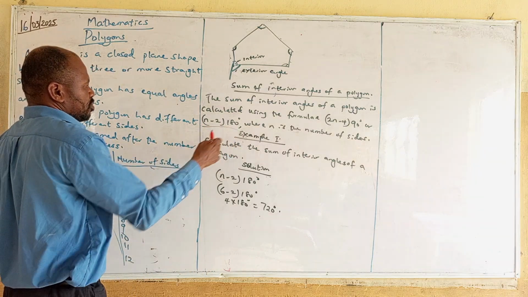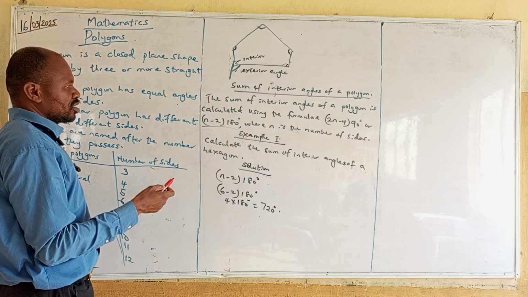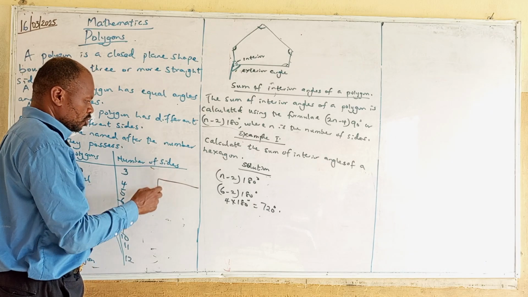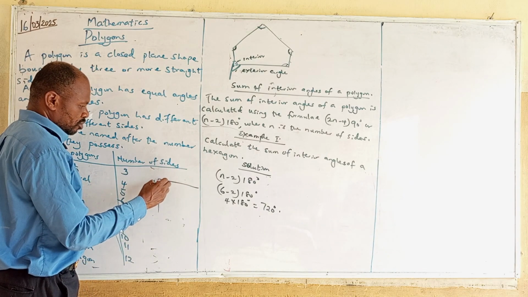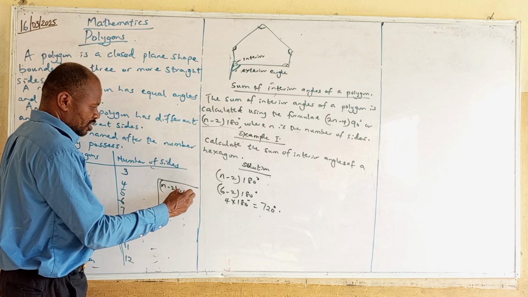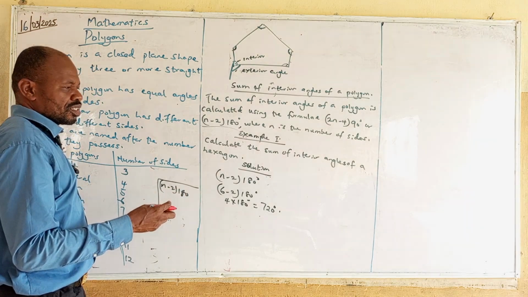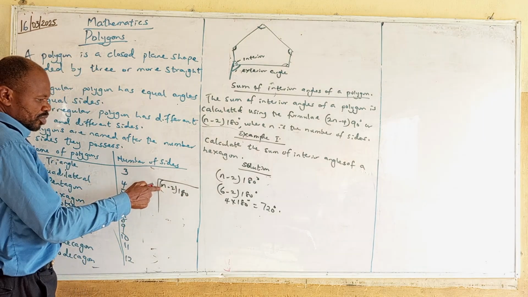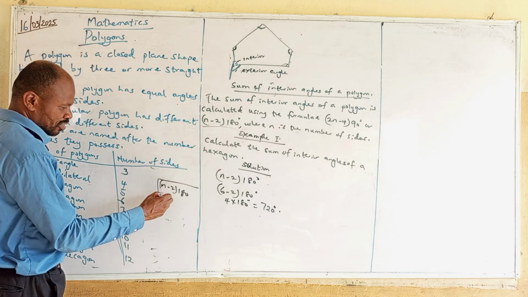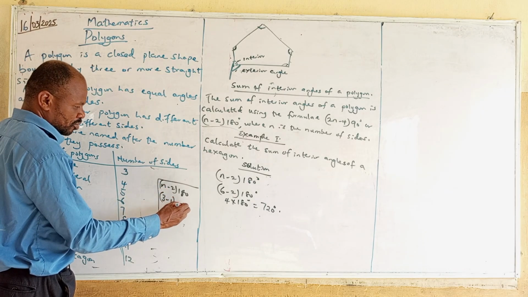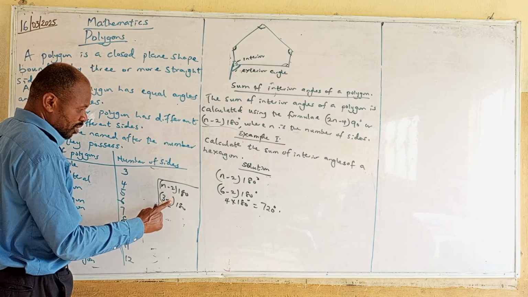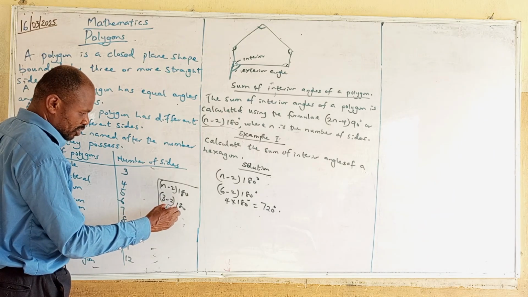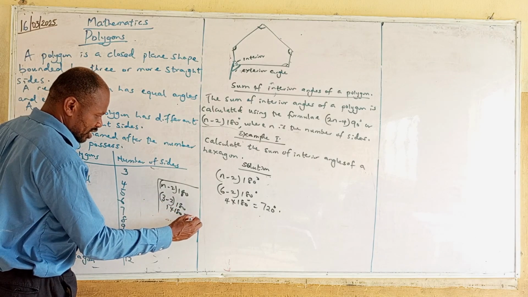And this formula, we all know that the sum of angles in a triangle is 180. If you want to check n minus 2 bracket 180 for a triangle, a triangle has 3 sides. So by the time you substitute n as 3, you have 3 minus 2 bracket 180, and that's 1 times 180, and that is 180 degrees.